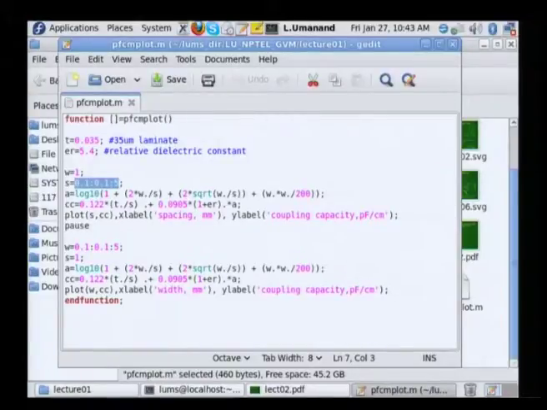So what I am right now doing here is trying to get a graph with respect to the spacing S. S is nothing but values ranging from 0.1 to 5 in steps of 0.1. So this is what S is.